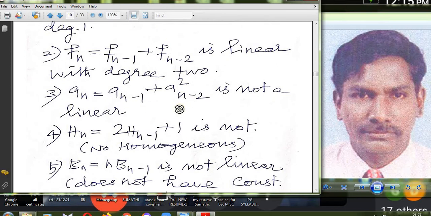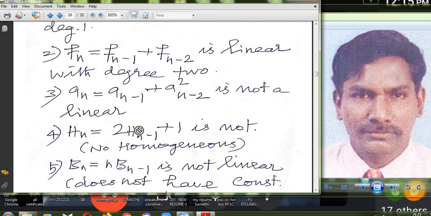Now this is not a linear recurrence relation because the power of the variable an minus 2 is 2. Therefore it is not a linear equation, or we can say it is not a linear recurrence relation. Now this one is not homogeneous. Why?